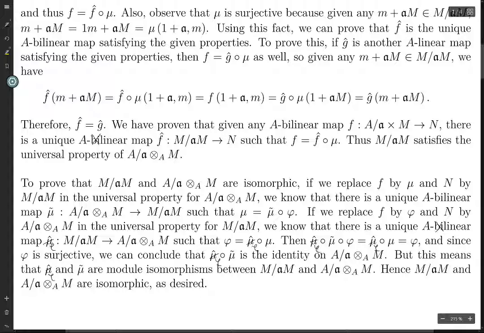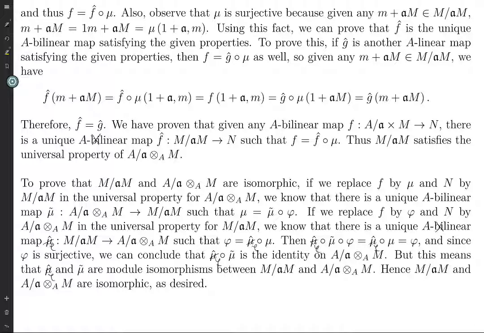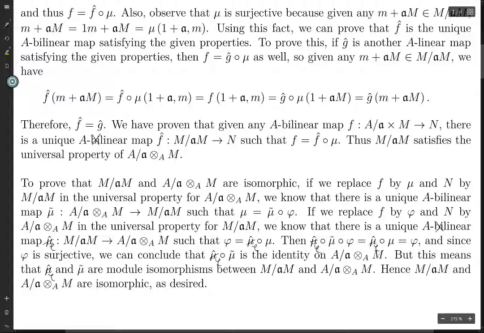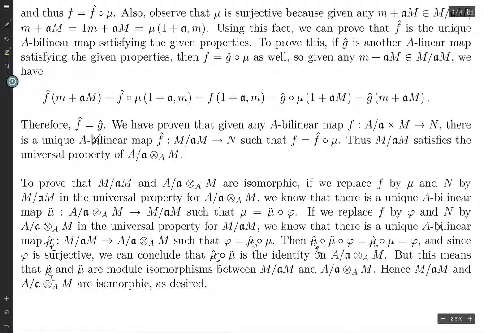And so what we've proven is that these two things are isomorphic, because we have an A linear map. Well, wait, is it A linear or A bilinear? Phi hat. Where is phi hat? Phi hat goes from here to here. Okay, so it's A linear. Yeah, because module isomorphisms are A linear maps, where A is whatever the ring that's acting on the abelian group is.